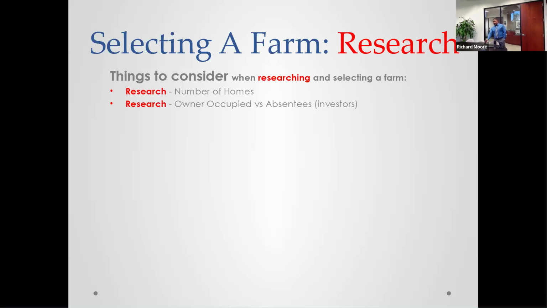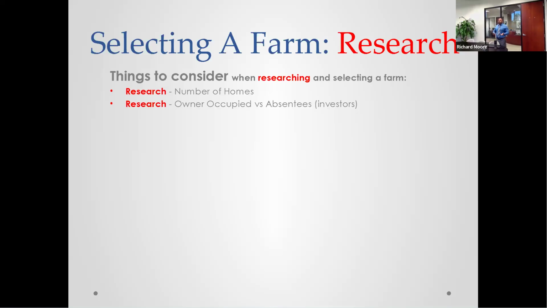So let's see, things to consider when researching and selecting a farm is the number of homes. So again, based on your budget, you have to make sure that the neighborhood you select has the right number of homes or similar to it. Research owner occupied versus absentees. This is important because now you're identifying, are they owner occupants or are they investors? And what's the percentage?